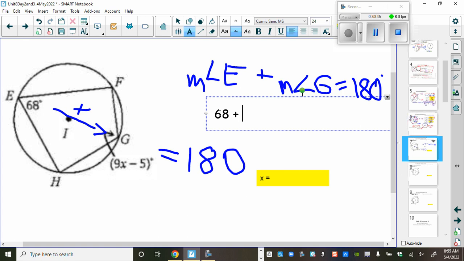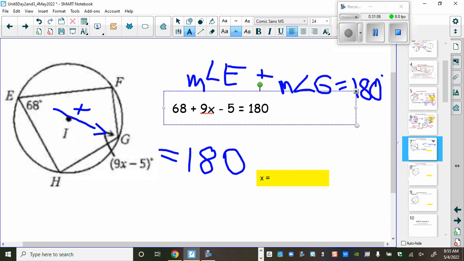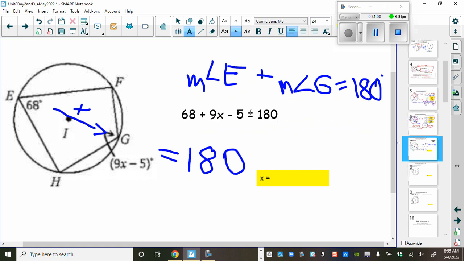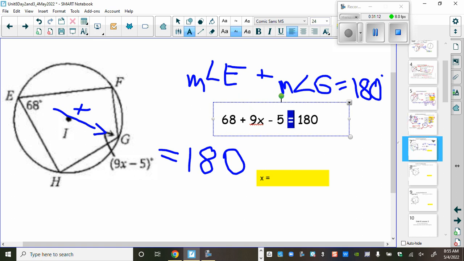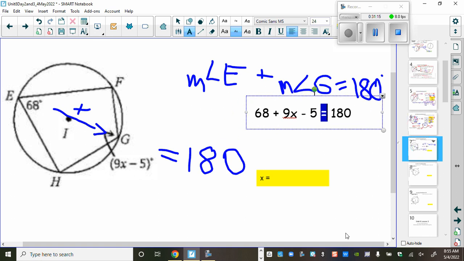Plus, what's angle G? 9x minus 5. And the grand total of the two angles has to be? 180. All right, now, do we have enough information to solve for this? Can we solve for x given this setup?